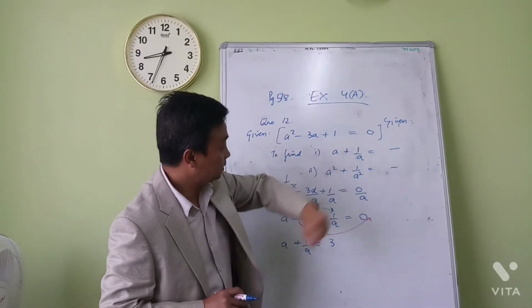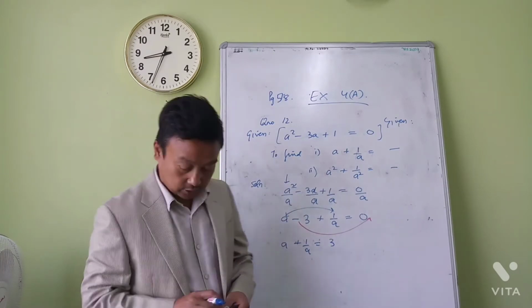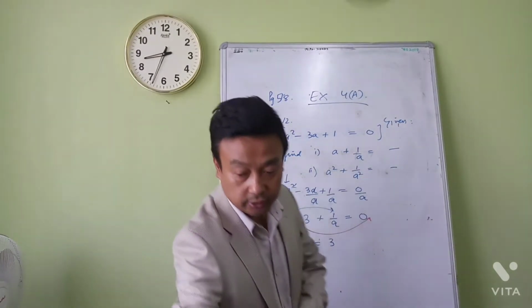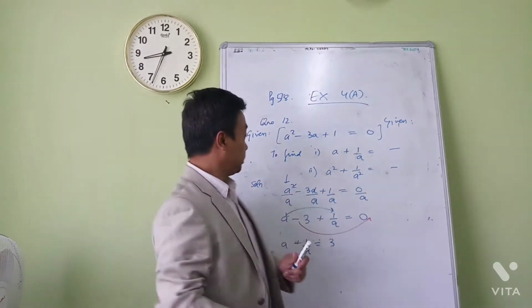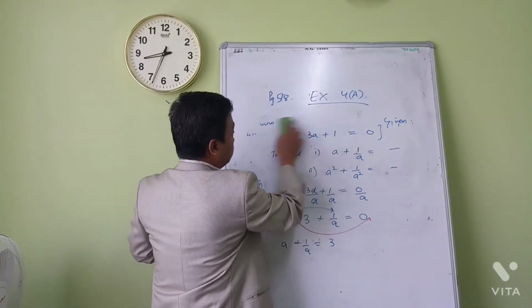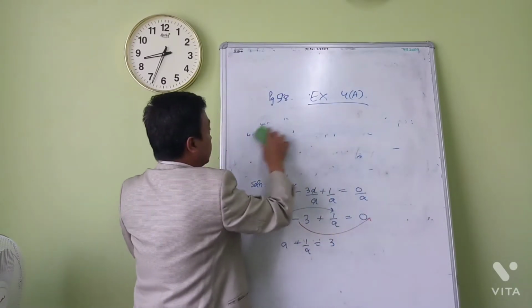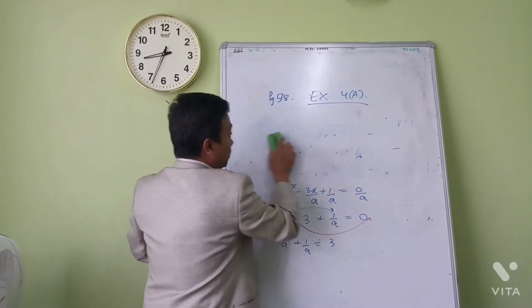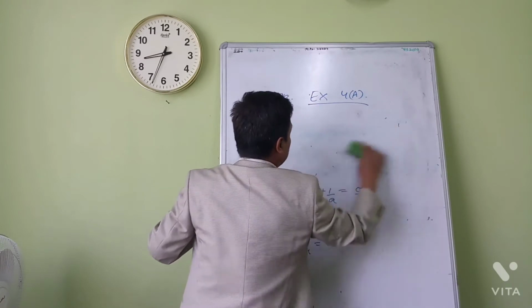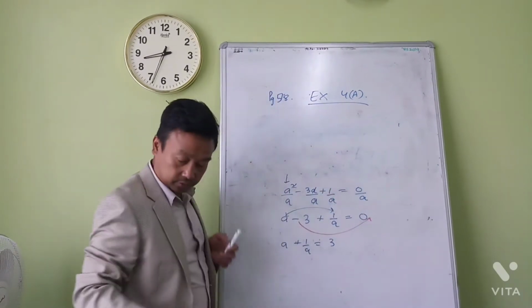Alright, now if you look at the second one, a square plus 1 by a square, for that we need to square both the terms. So to find a square plus 1 by a square, let us try to see that.